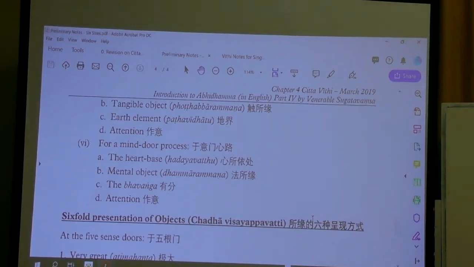But according to Abhidhamma philosophy, we can understand it is not the brain. The brain is important, a part of our human world. It's true, but not for the mind process. For the mind process, the heart base is important.